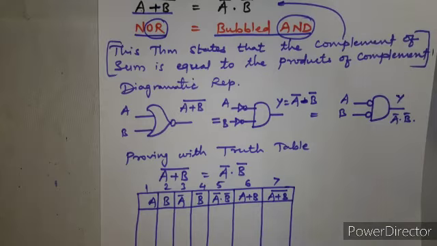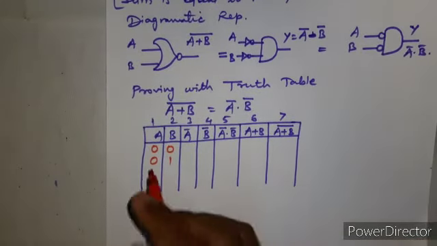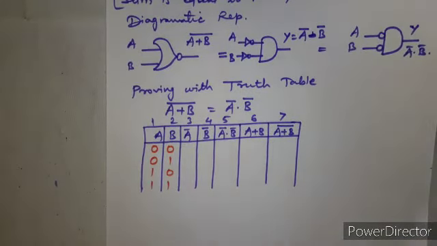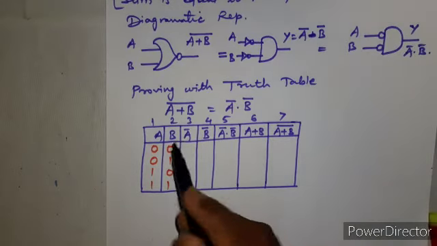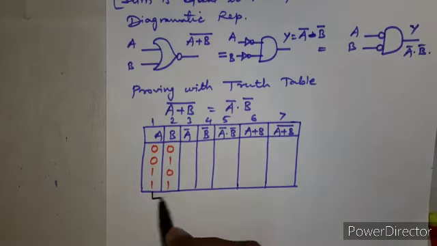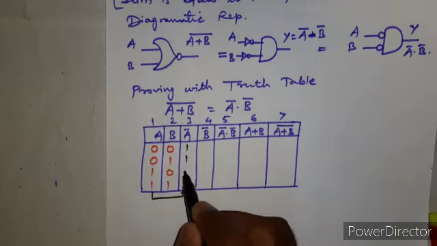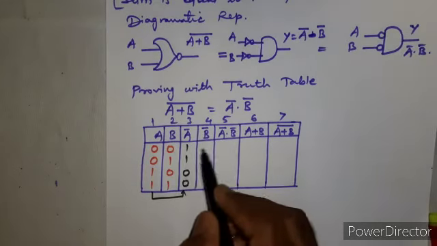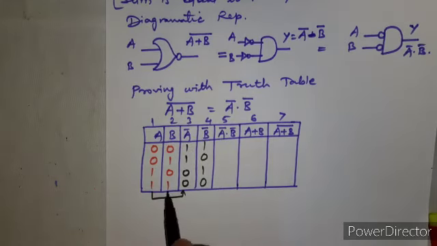Okay, so again 0, 0, 1, 1 and 0, 1, 0, 1. These are 4 entries considering 2 inputs. A bar means opposite or inverting of this A. So it is 1, 1, 0, 0. B bar means opposite of this second column, 1, 0, 1, 0, right?